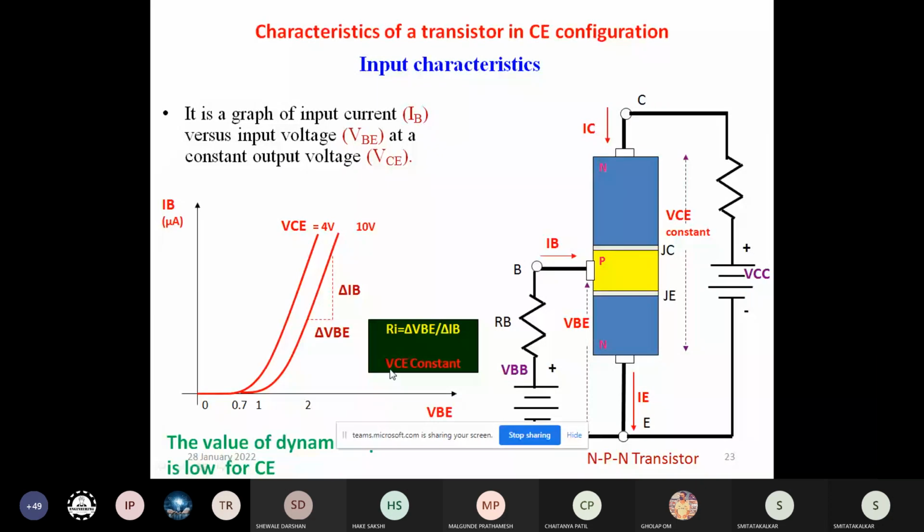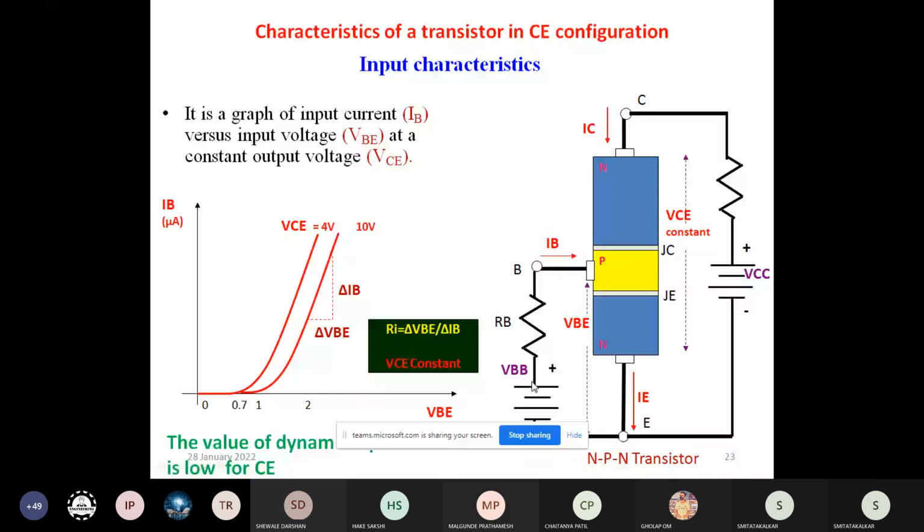Here, emitter base voltage VBB, biasing of the base voltage. This is the biasing. Here IE, emitter terminal. I am only talking about the mark of the P region, junctions of the emitter, and the VBB, biasing of the input side.